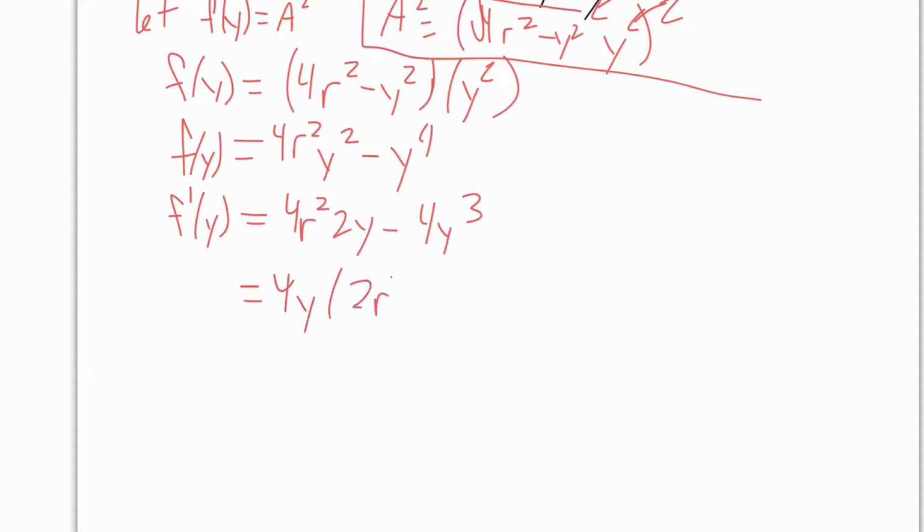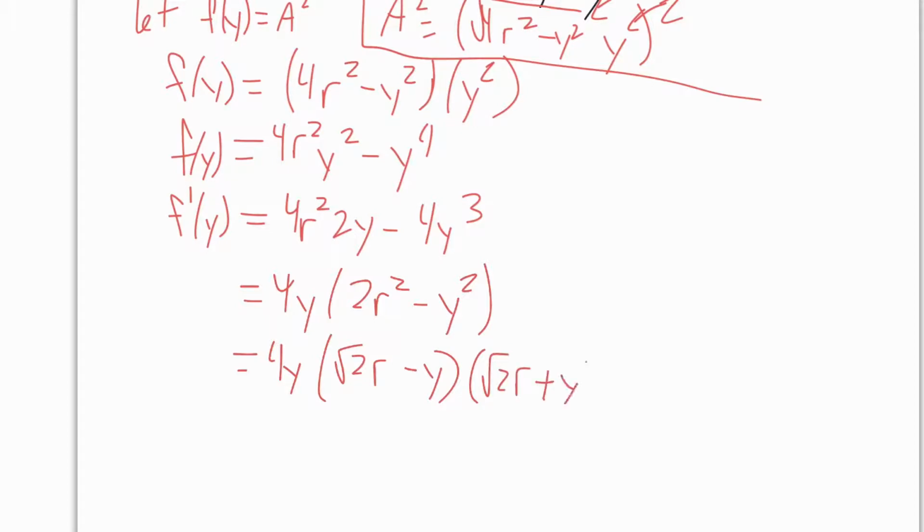That'll leave me with 2r squared minus y squared. I think I can do a difference of squares here. So root 2r minus y, root 2r plus y. So that would give y equals 0 for the first root, y equals root 2r, and y equals negative root 2r.